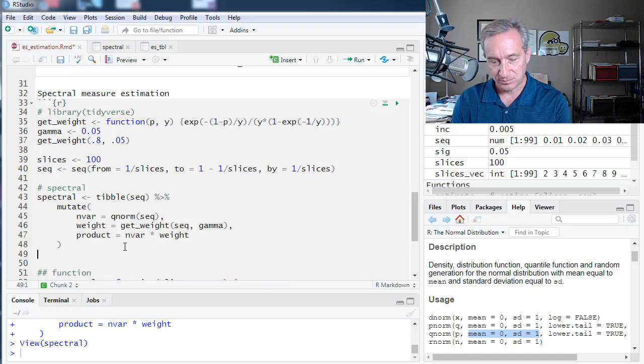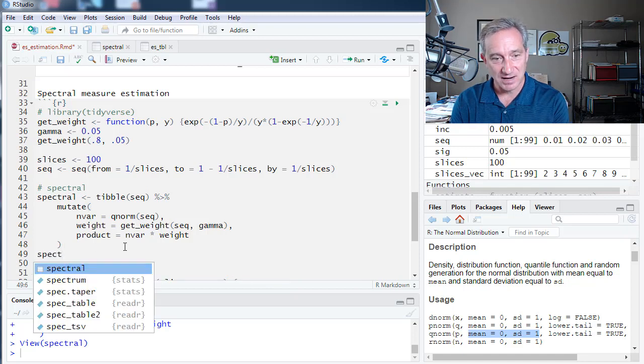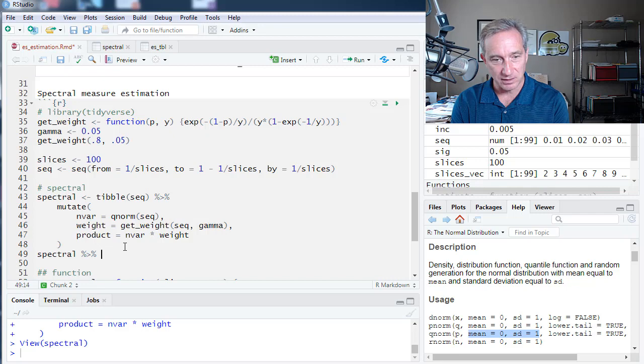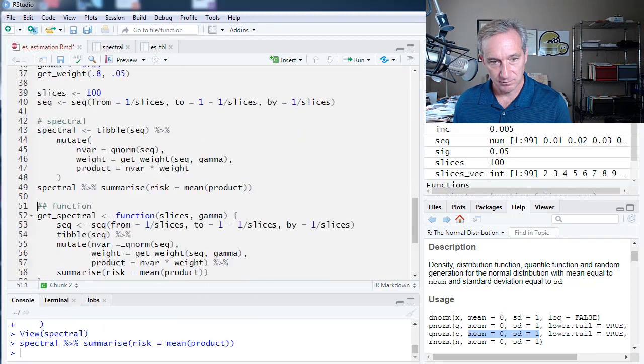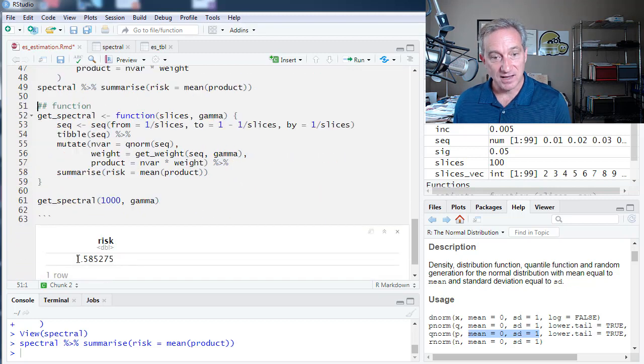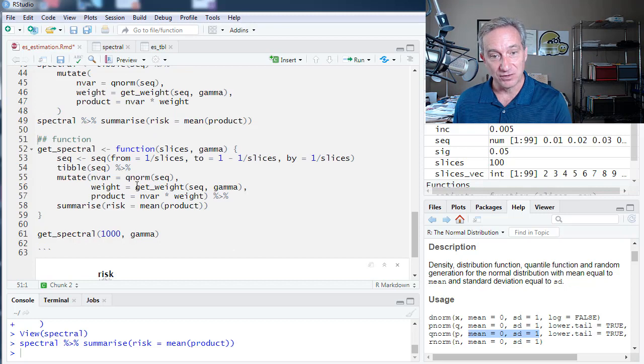I could have built that into my pipe, but here I'll just take spectral and pipe it to summarize, I'll call it risk equals the mean of my product column. And I get 1.58, which does correspond to that value in Dowd's table where we have 100 slices.